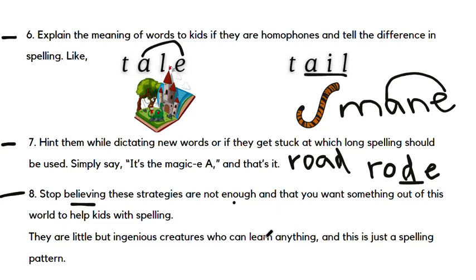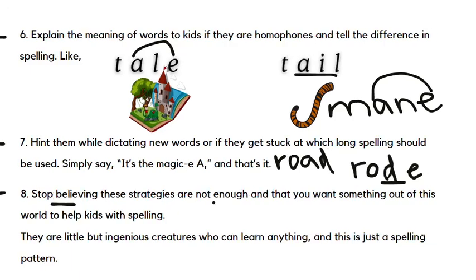I have been training kids for spelling, and all these things work. So they will work with you as well. Okay? The kids are little but ingenious creatures who can learn anything, and this is just a spelling pattern. So believe in your kids, believe in yourself, and also trust these strategies, and Magic E will not offend you anymore.